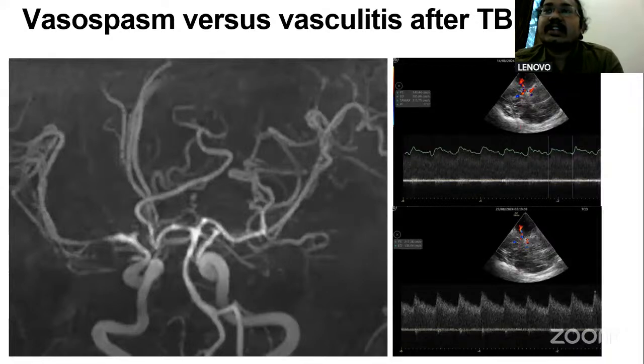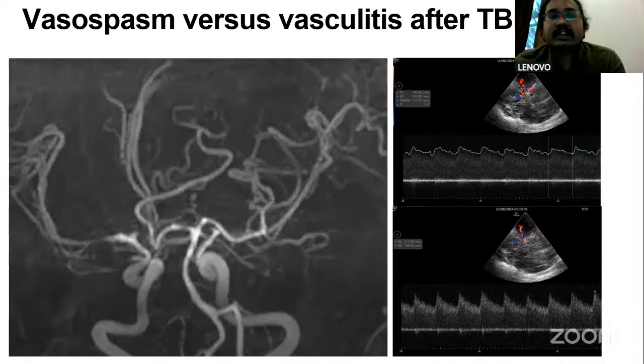So the question is, if the velocities are very high, should we treat it? Should we treat with enteral nimodipine or not? Should we give milrinone or not? In this case, we gave it, but we did not find very good success. Although velocities decreased, they did not decrease much.